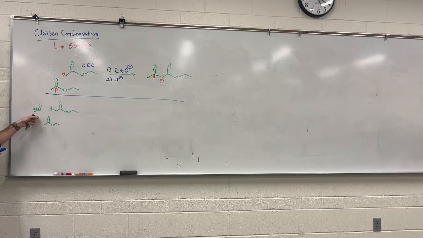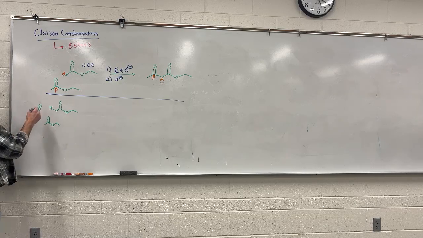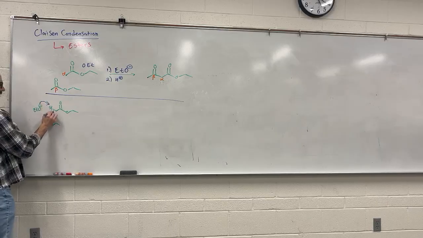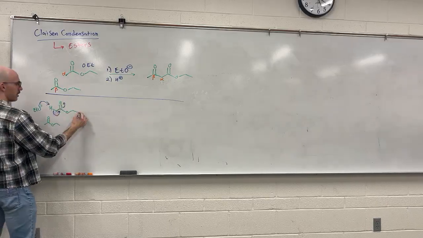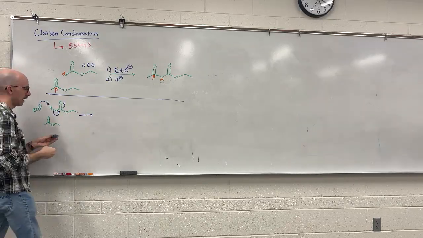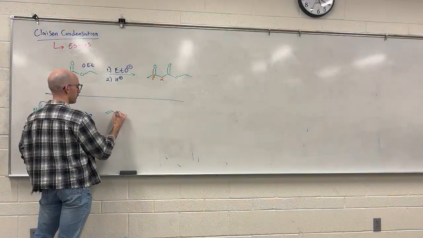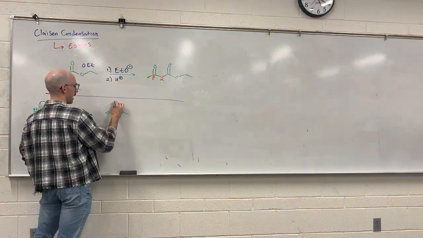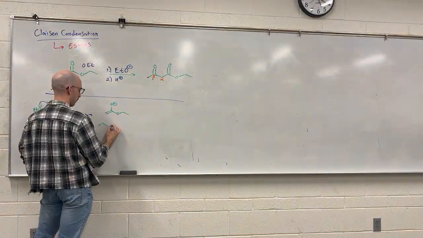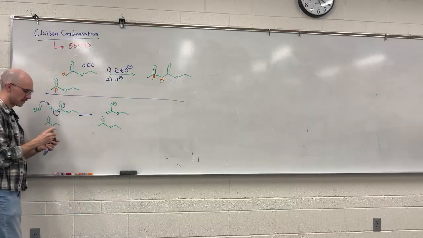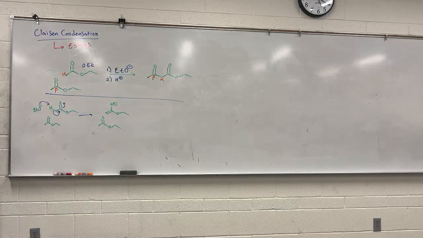All right, so starting off our mechanism, my base acts as a base. It deprotonates, and remember, there's two resonance forms. I'm just showing the major form. I'm not showing the reactive form. After I form my enolate, the enolate acts as a nucleophile.